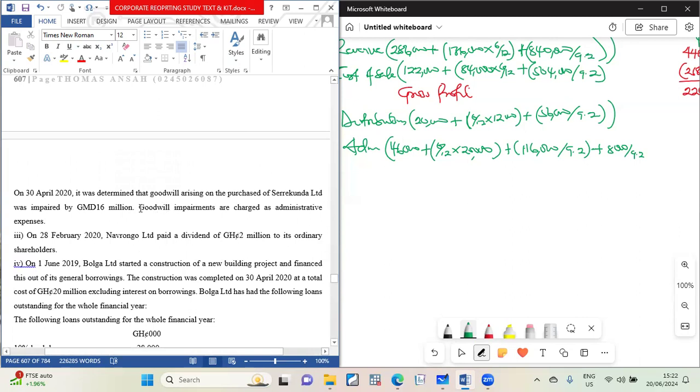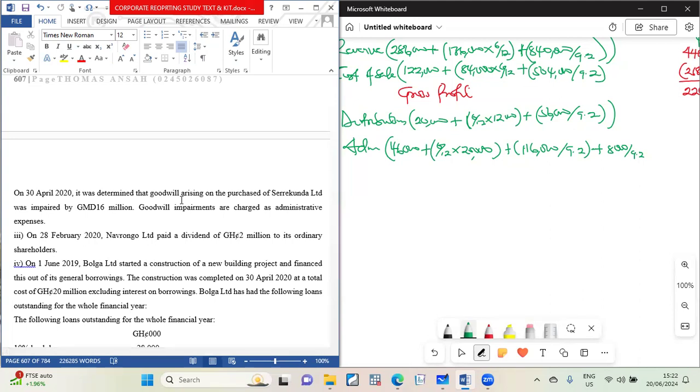So as goodwill is impaired, we need to also impair that goodwill. On April, it is deemed that the goodwill arising has been impaired. So we will treat the goodwill impairment as part of expenses. But hold on, we always do that for where we get the exchange gain or loss issues, so we must consider that goodwill impairment inside over there.